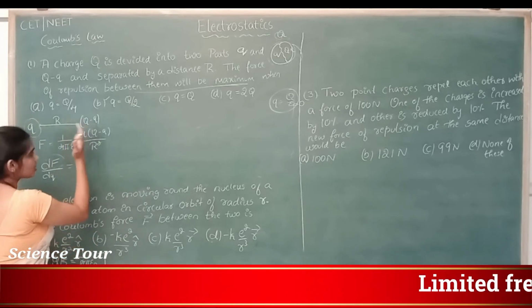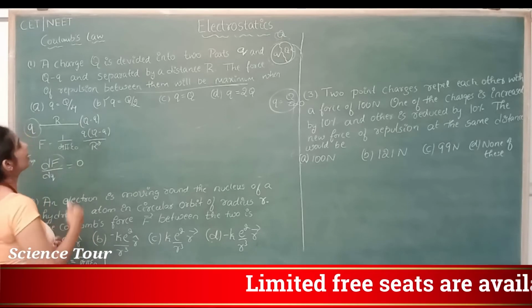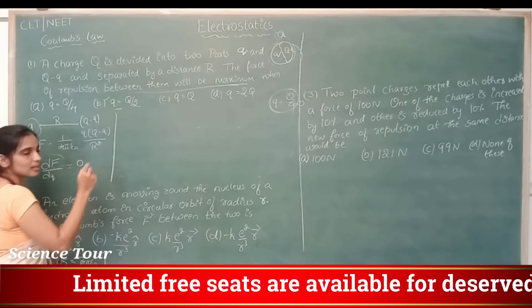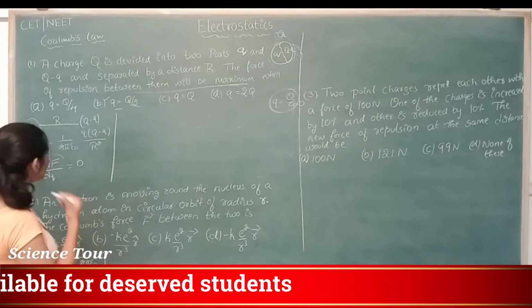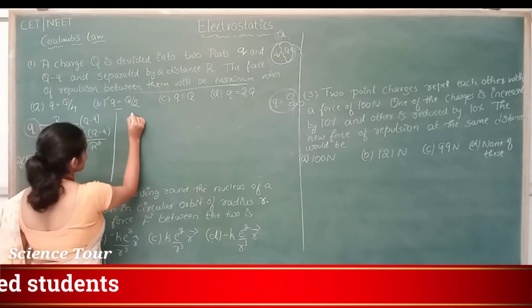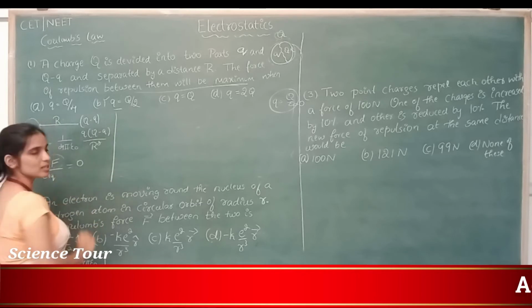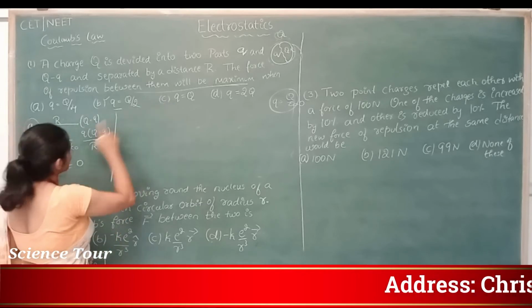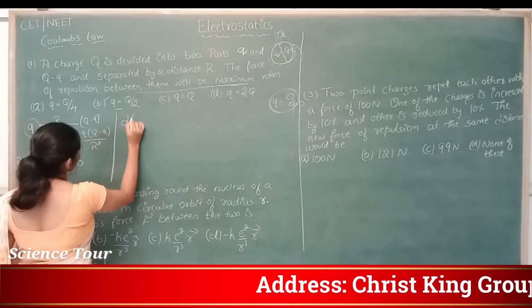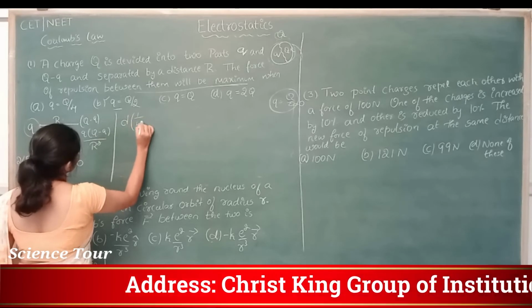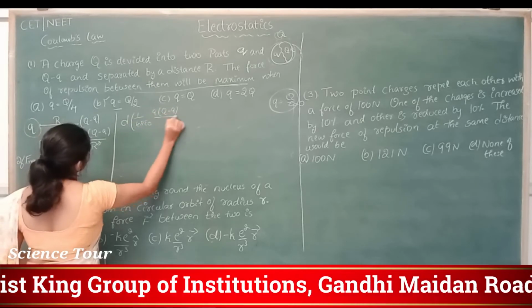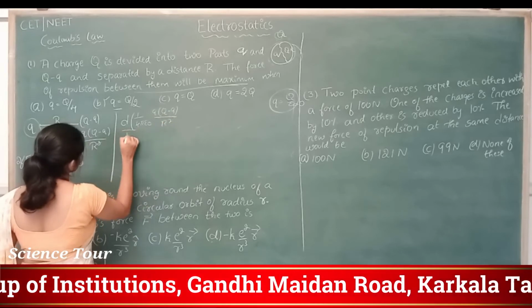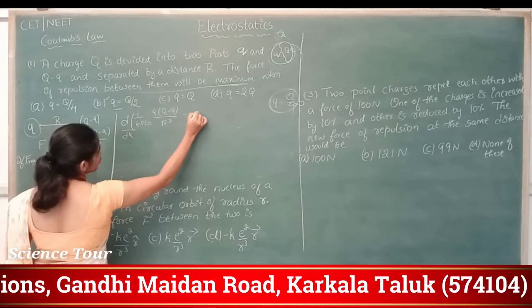Now, if we get this answer, then whatever logical thinking we made is right. Correct? We'll do that. Differentiation of force with respect to charge. What is the force here? This is the force. Differentiation of 1 by 4 pi epsilon naught q into (Q minus q) divided by r square with respect to charge is equal to 0.